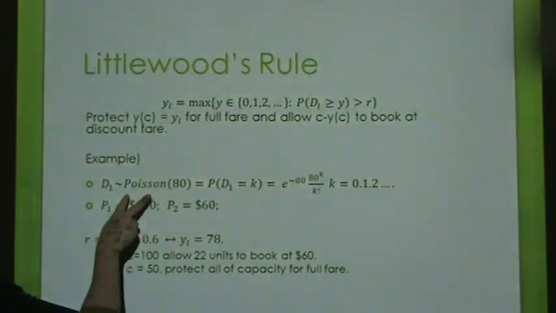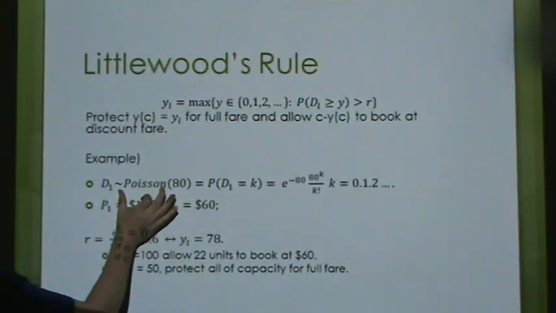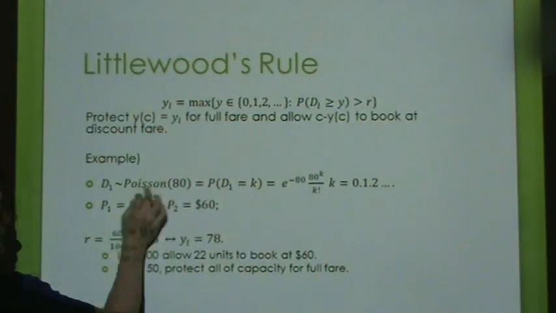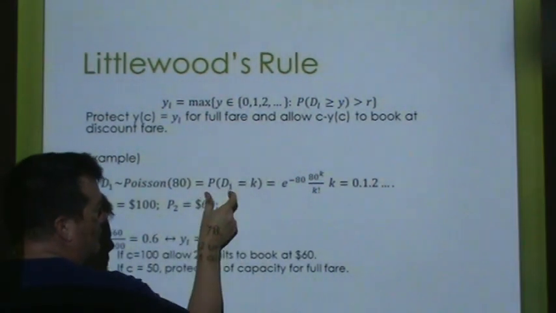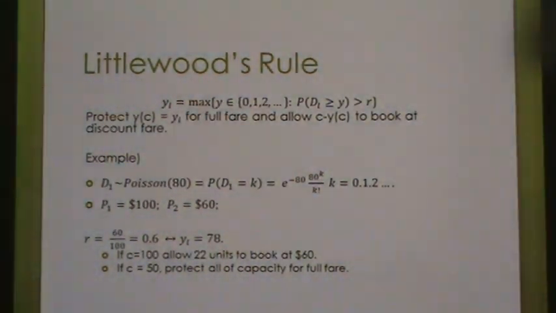So let's say on average 80 people show up for the flight for the higher priced people. With the Poisson distribution, we could pick a particular number and ask what is the probability that exactly that many people will show up.